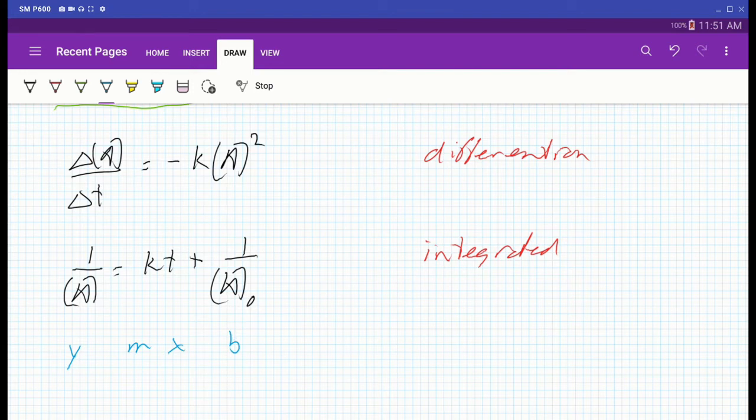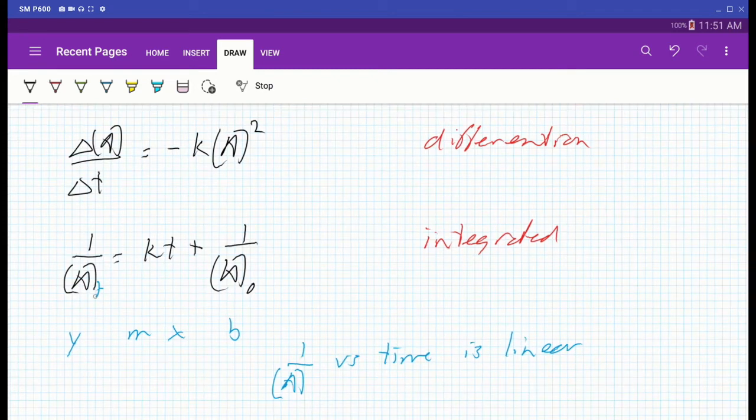So plotting 1 over concentration versus time is linear. So that is the integrated rate equation.